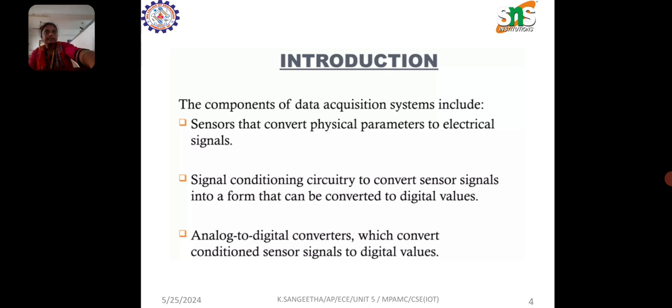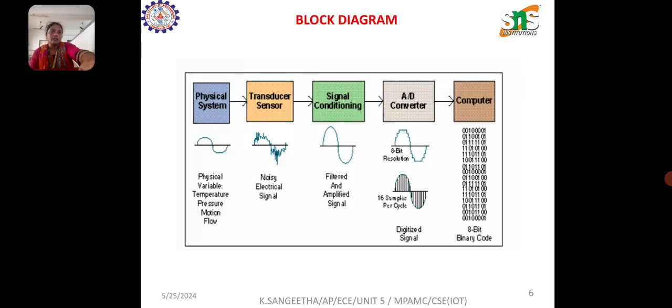So that is the DAQ system workflow. The first one is the physical system, where transducers or sensors are used. Sensors measure the physical parameters and convert them into electrical signals. And then the next stage is signal conditioning, where the raw sensor signals are conditioned to ensure they are suitable for digitization.